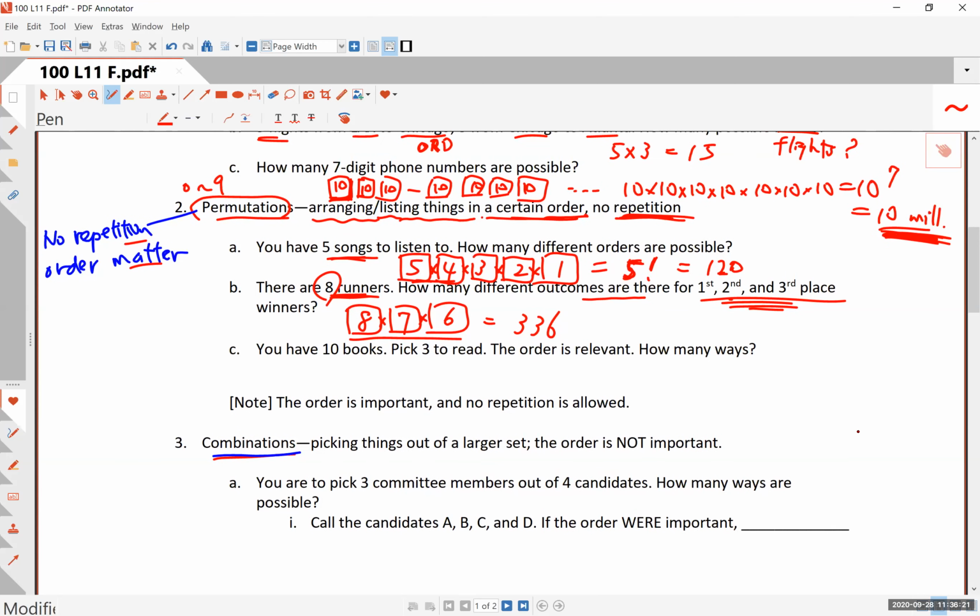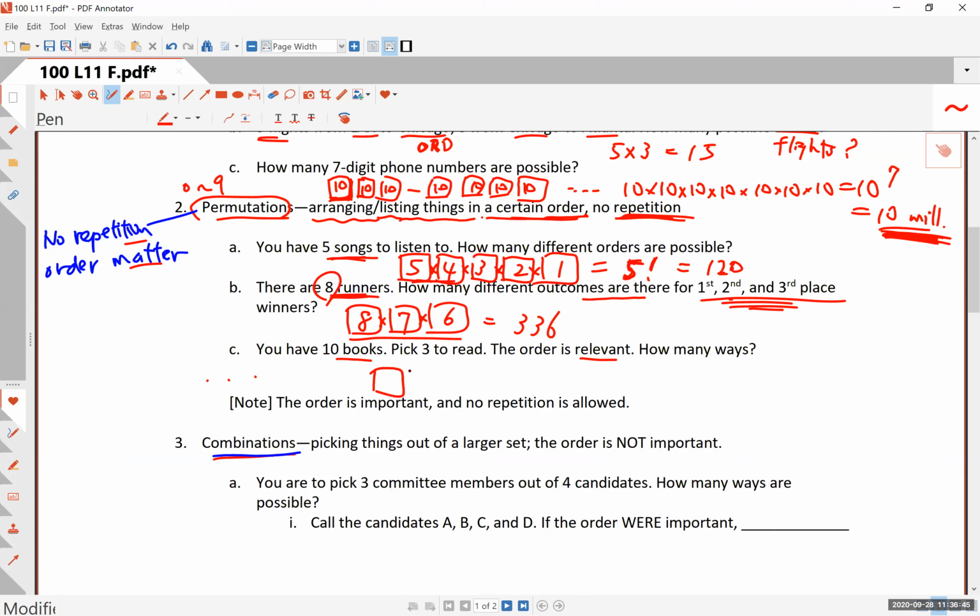All right, similar question. You have 10 books, okay? You want to pick 3 to read. And the order is important for some reason. In other words, if you read the books ABC, that would be considered a different permutation from ACB or BCA or CBA, right? So the order is relevant. How many ways can you choose a reading list of 3 books out of 10?